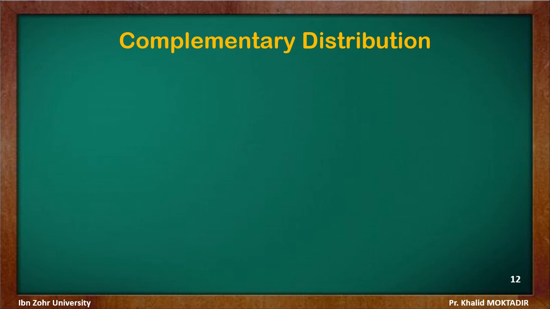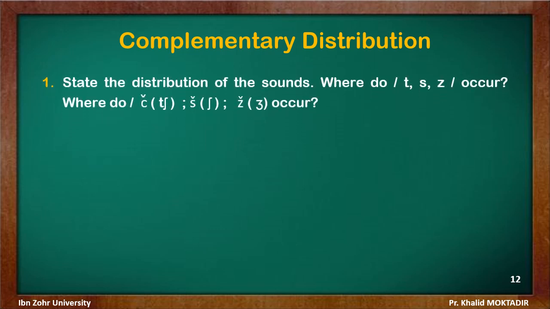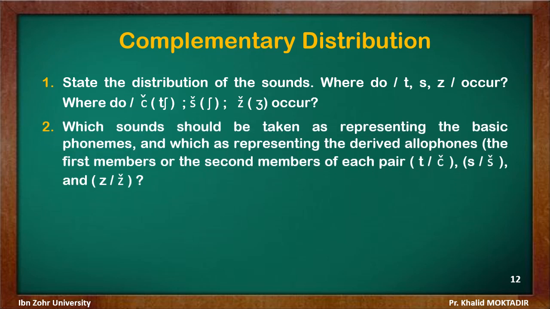Now read the following questions carefully. The first question says, state the distribution of the sounds. Where do t, s, z occur? And where do ch, sh, and j occur? The second question is about the frequency of occurrence.